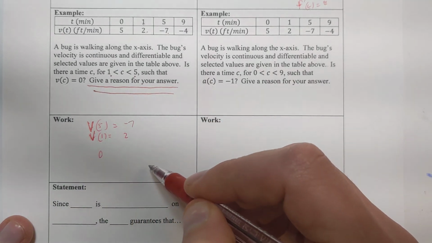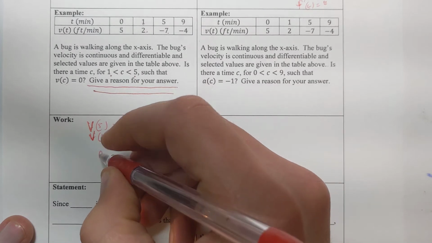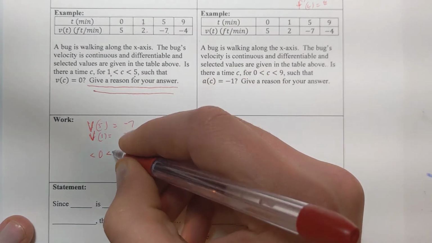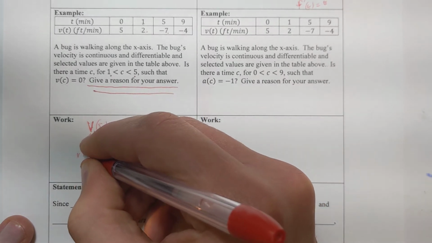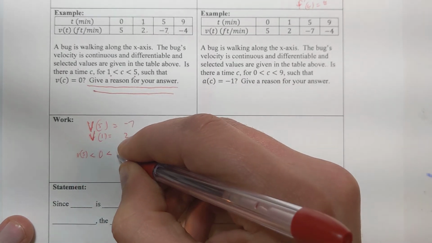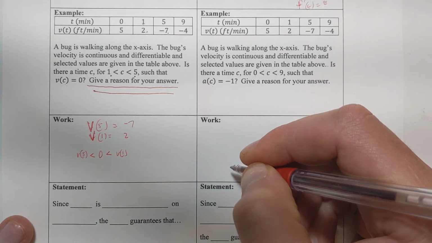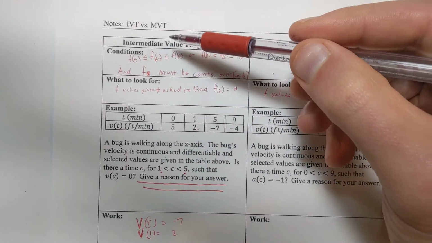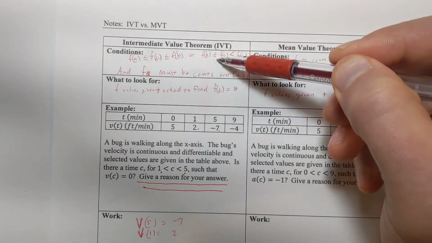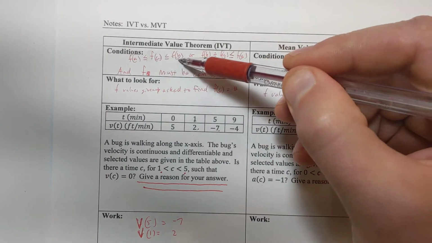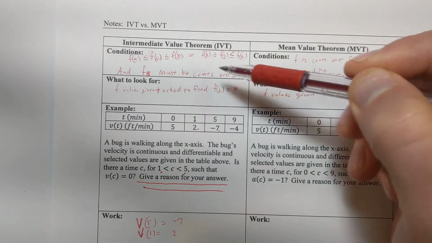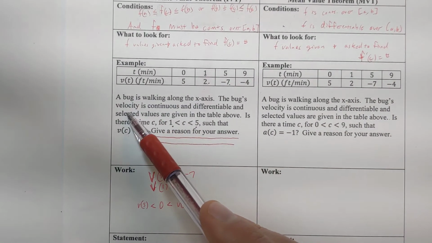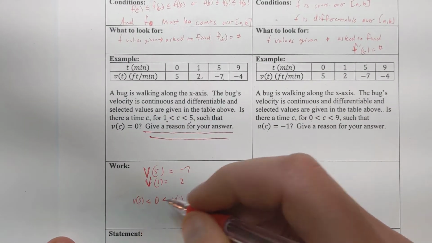V of 1 is equal to 2. 0 is between v of 5 and v of 1. So we've satisfied this condition up here. 0 is between the two y values at the endpoints. We also need to say that the function's continuous. Well, the velocity is continuous.